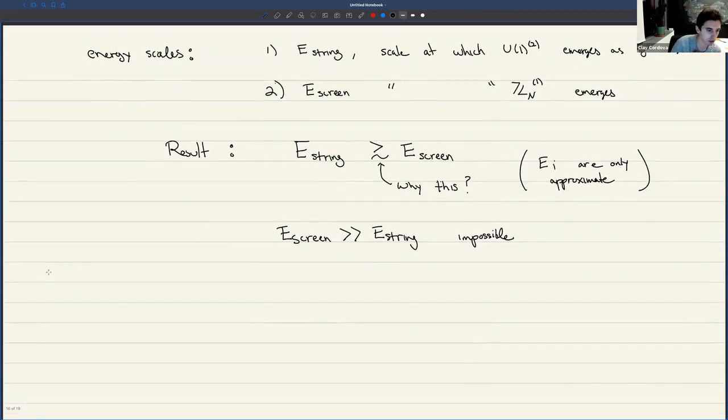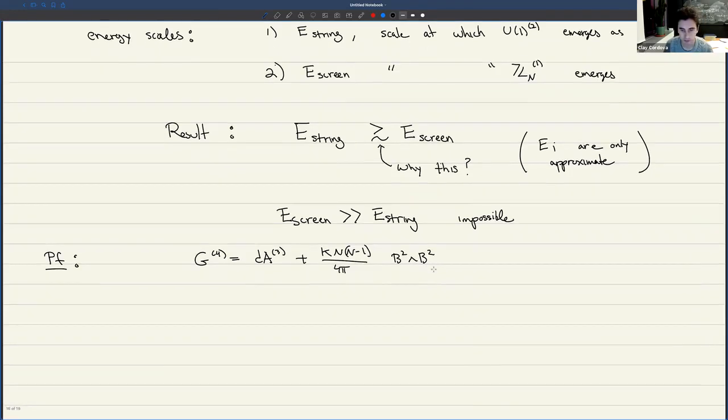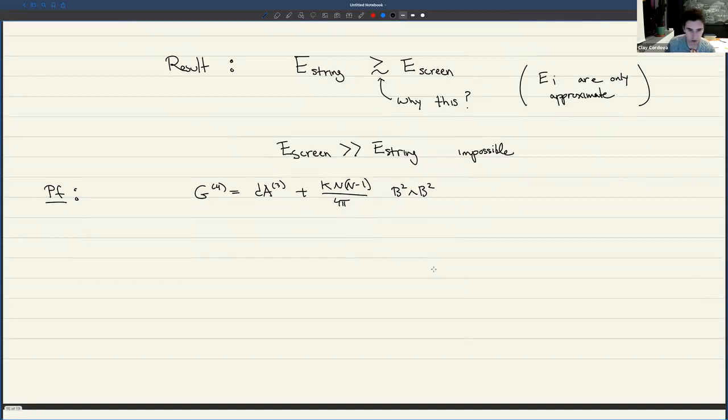Okay. What's the proof of this result? Well, it's essentially trivial given what we wrote. Let's remember I wrote for you that G4 is dA3 plus Kn n minus 1 B2 B2. This was our key equation that was telling us that we had this interesting higher group symmetry. So what do you do with it?